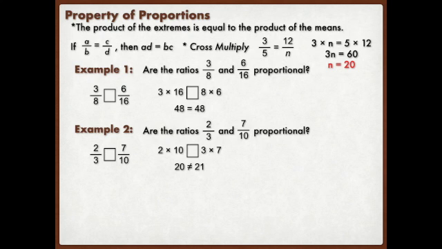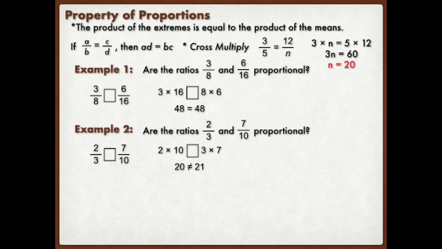Now let's take a look at the examples. All you have to do here is show your work. You're going to cross multiply and identify, is it proportional or not proportional? We're going to use a little equal sign for proportional, and then we're going to use an equal sign with a little line through it saying it's not proportional.